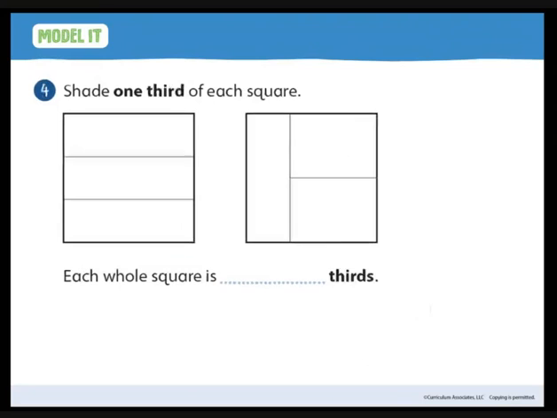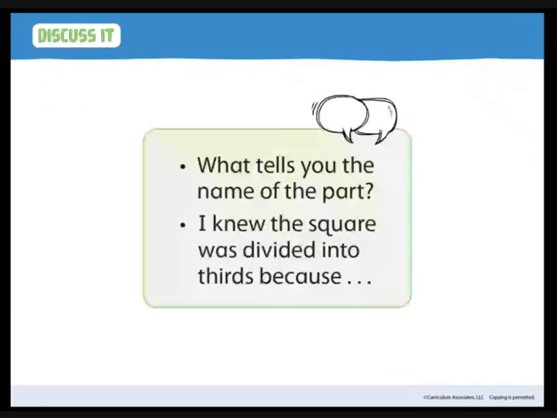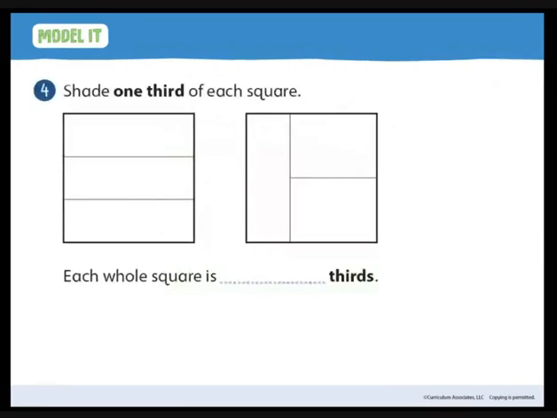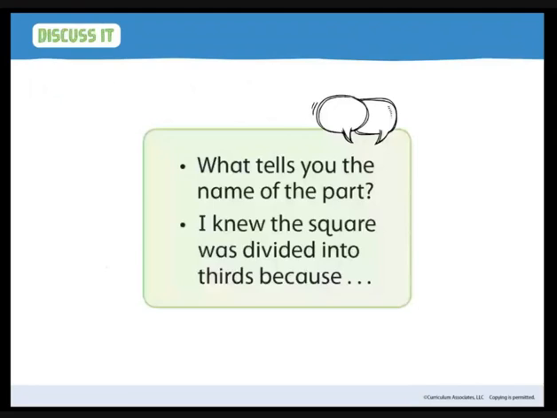Can you think about that and why that is? What tells you the name of each part? I knew the square was divided into thirds because, so let's talk about that.